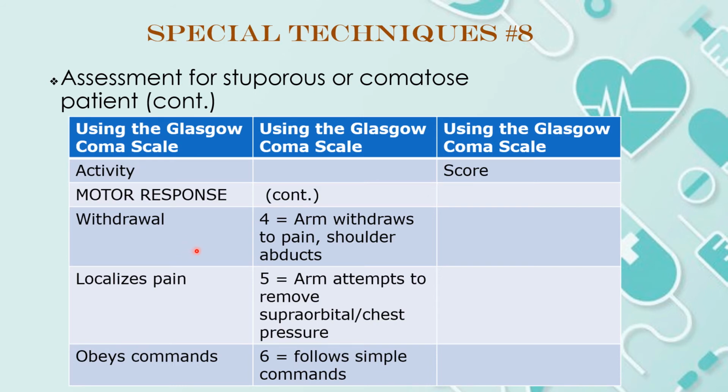For withdrawal, 4 ang score if the arm withdraws to pain, shoulder abducts. To localize pain, the score is 5 when the arm attempts to remove the stimulus, as with supraorbital or chest pressure. The score is 6 if able to obey commands or follow simple commands.